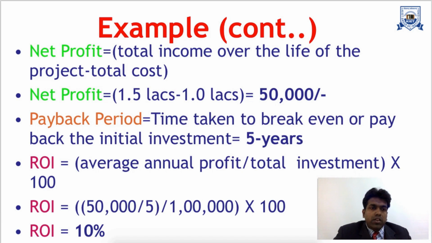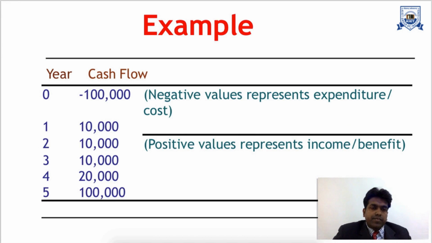Okay, and next one is ROI. For the calculation of ROI, this is the formula: average annual profit divided by total investment. If I talk about the profit, these are the profit parts from first year to fifth year.